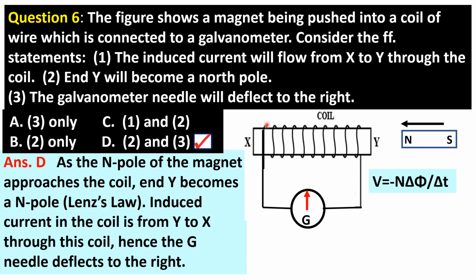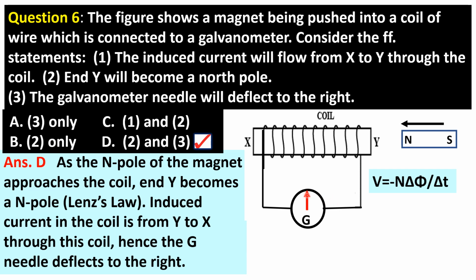Now, how does it move when it passes through the galvanometer? We say that the current moves from left to right, making the pointer in the galvanometer deflect to the right.